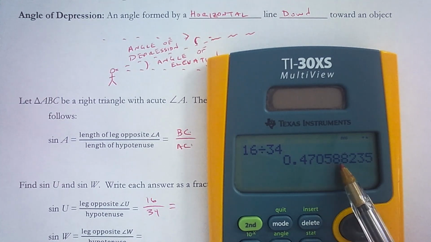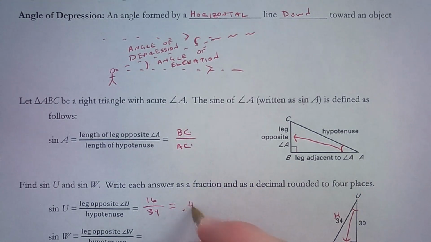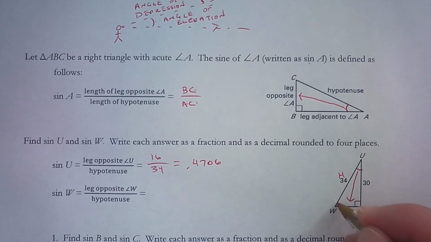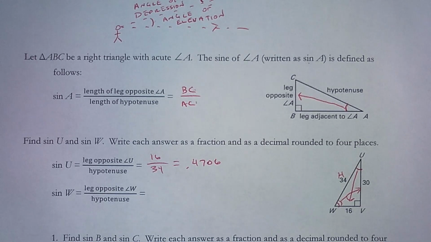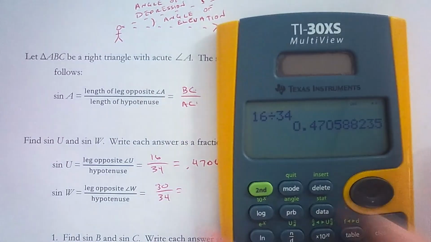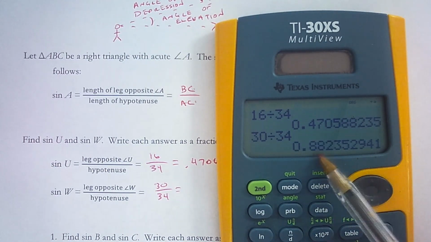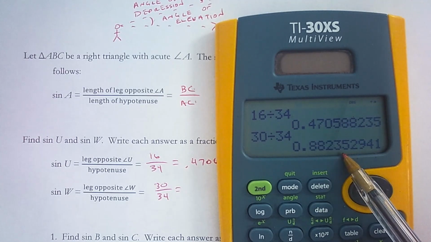That 5 gets bumped up by the 8. 0.4706. And then sine of angle W, opposite leg from angle W, is 30 over the hypotenuse, 34. And that is 0.8824.